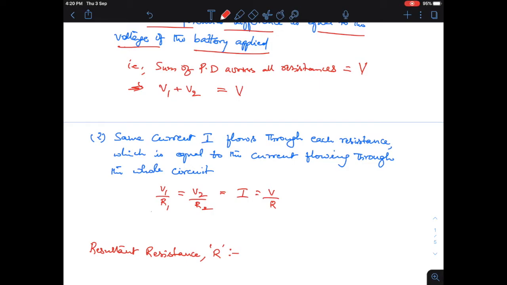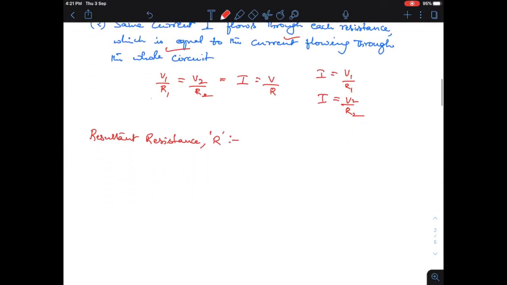If I consider I through R1, that is V1 by R1. The same current through R2 is V2 by R2, and that is equal to the current flowing through the whole circuit. So, this is the equation.